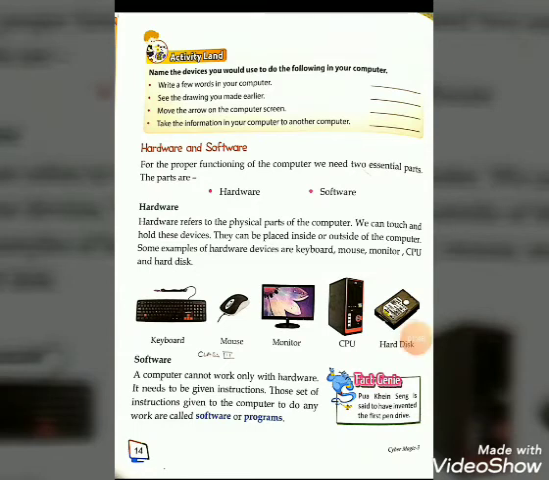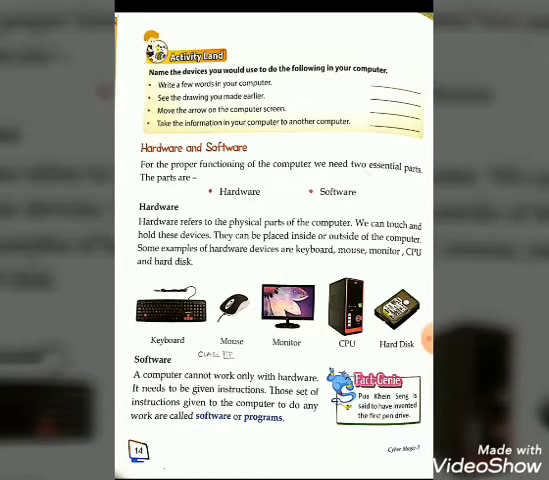Now we are going to continue our chapter, Introduction to Computer. Here we are going to study hardware and software.